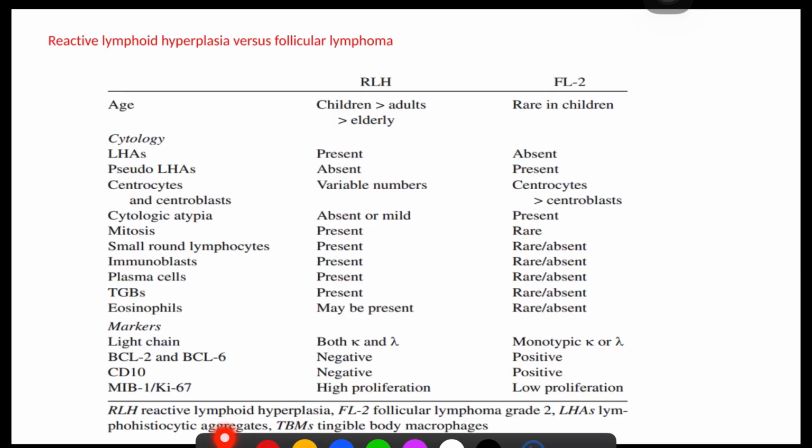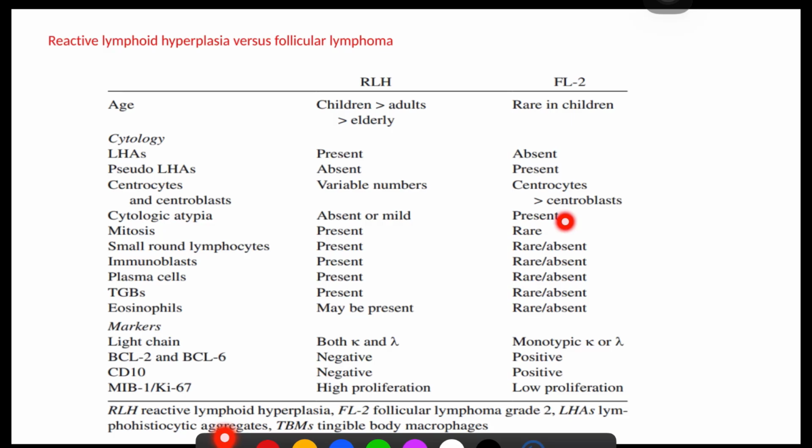While in follicular lymphoma type 2, it is rare in children. Lymphohistiocytic aggregates are absent, pseudolymphohistiocytic aggregates are present, which mainly consist of centroblastic and centrocytic cells, without tingible body macrophages and follicular dendritic cells. Here centrocytes are more in number than centroblasts.